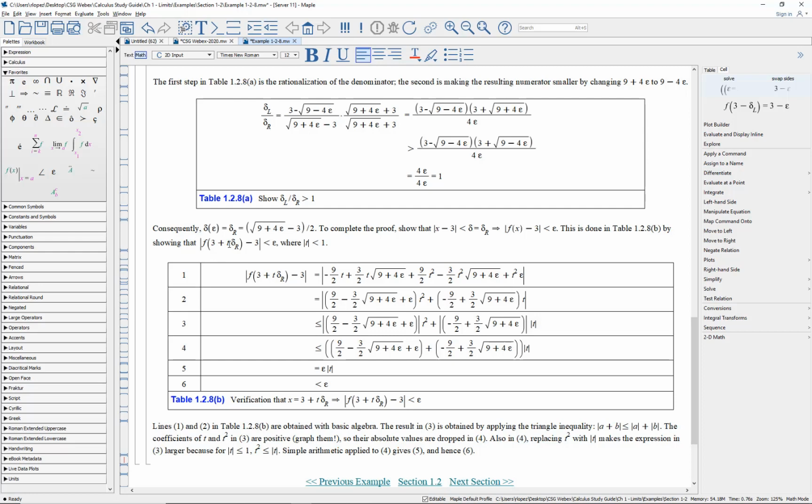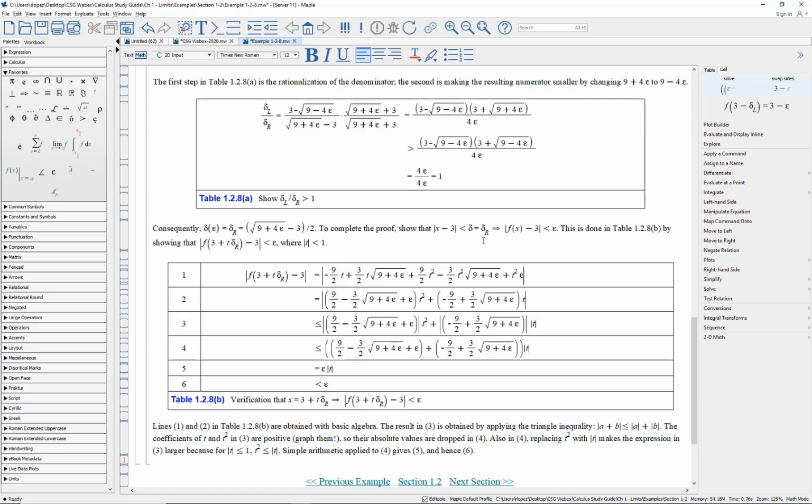and a multiple of it, t, where t runs from -1 to 1. Okay, that allows me to explore the interval delta R to the left, delta R to the right.